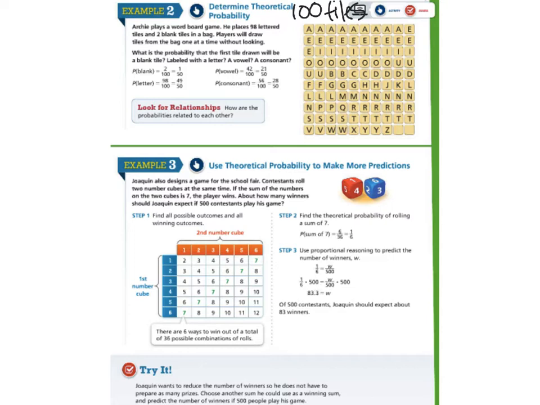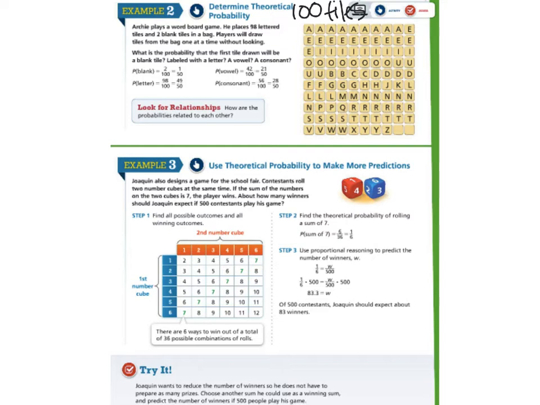The probability that the first tile he draws has a letter on it is 98 out of 100, or 49 out of 50. The probability that he chooses a vowel is 42 out of 100, or 21 out of 50. And the probability that he pulls a consonant on the first try is 56 out of 100, or 28 out of 50.